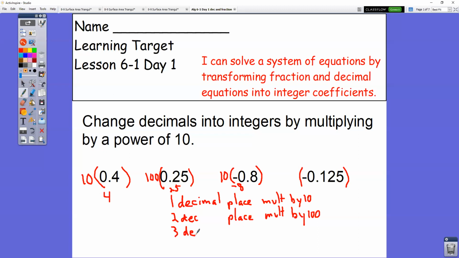If we have 3 decimal places, we are going to multiply by, you could probably guess, 1,000. That 1,000 gets rid of those 3 decimal places. So we have 1,000 times -0.125. When you multiply those together, you get -125.